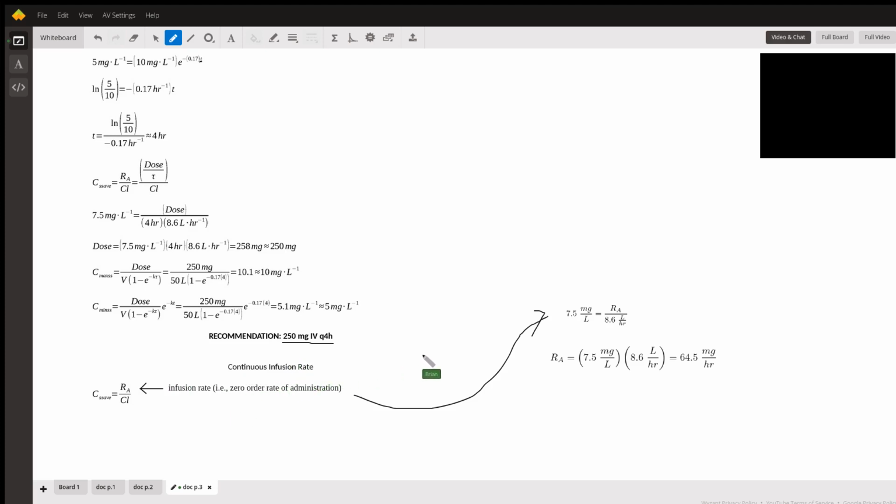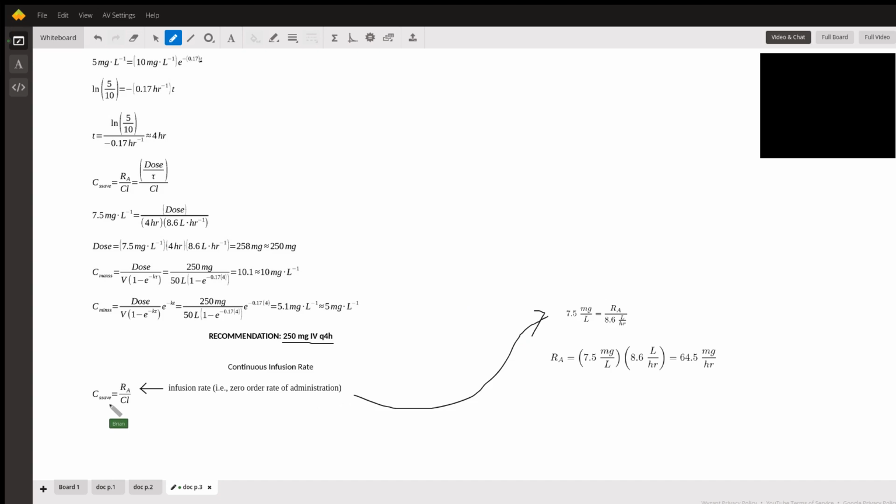And so if we were to keep decreasing the dosage interval, tau here, we would come up with an infusion rate, which is basically just multiple equivalent doses given very rapidly after each other.